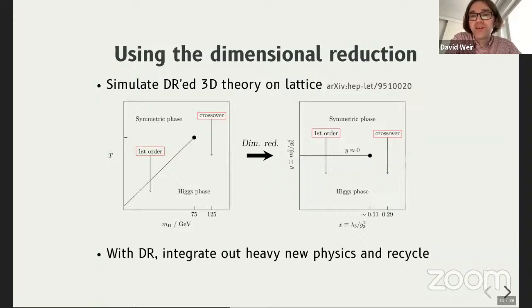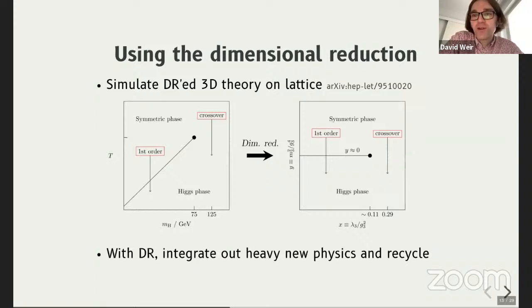So you can map the full four-dimensional phase diagram onto a three-dimensional theory phase diagram with these x and y parameters. And in terms of this x parameter, which is the dimensionless quartic coupling, the endpoint of the first order line is about 0.11, and the critical line in terms of the squared quadratic coupling is about y0.